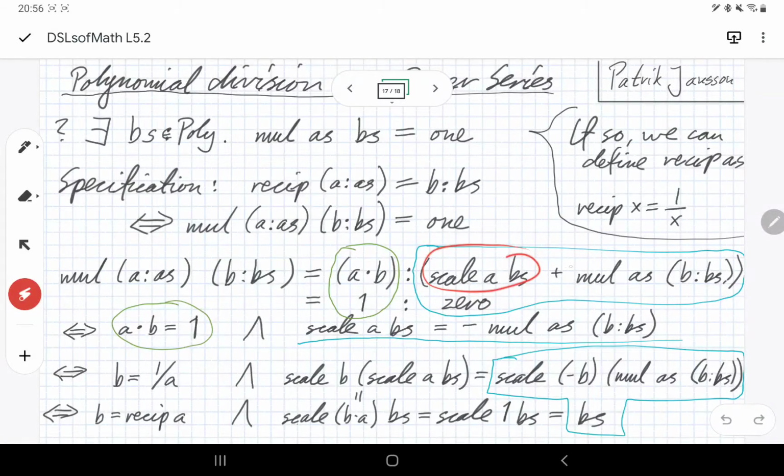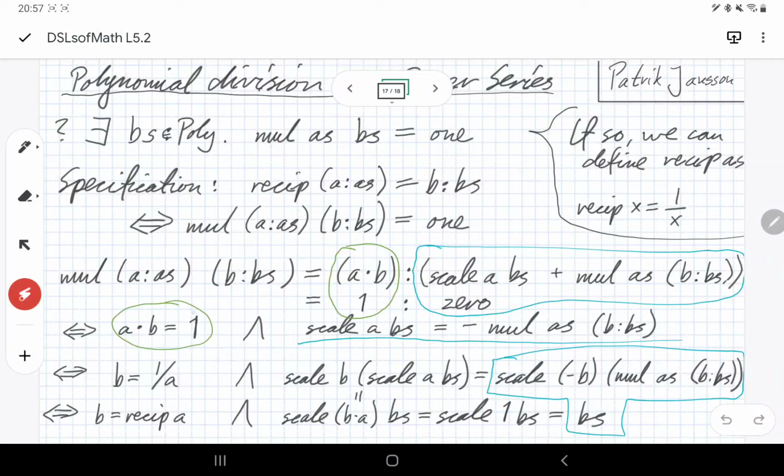So scale A BS plus the multiplication of AS and B cons BS should be 0. Well, I can then subtract mul AS (B cons BS) and move it to the right. So then the scaling with A of BS should be minus the multiplication here. Okay, so I've just taken the list equation and made two equations for the head and the tail.